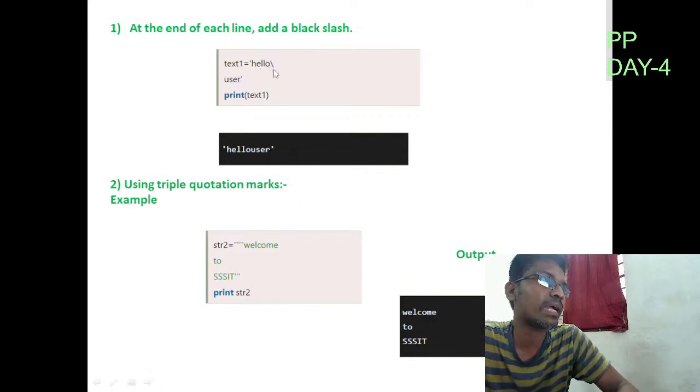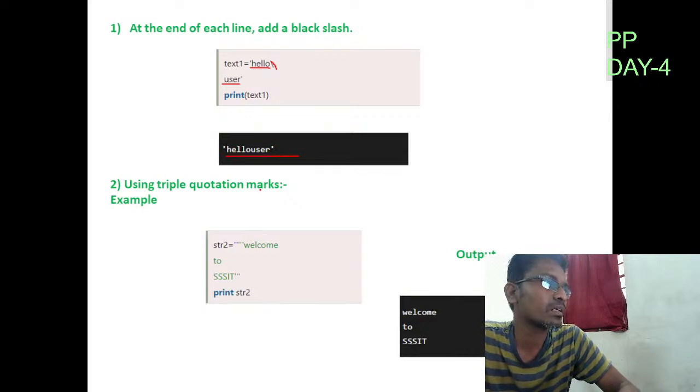In this example, I'm going to write two lines: one is hello and the second one is user. At the end of the string you have to use a backslash, and after that you write the next string. Then if I try to print text one, it will produce hello user.